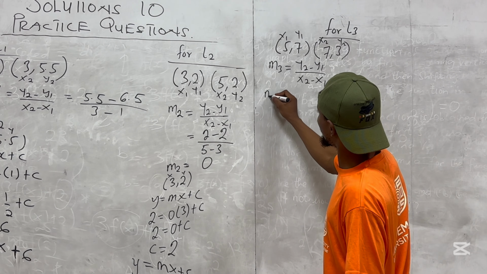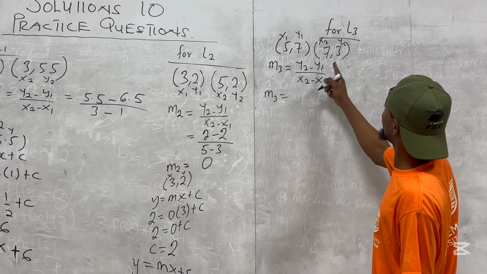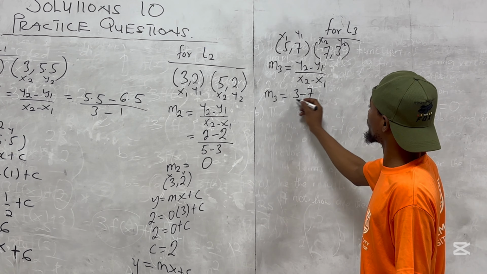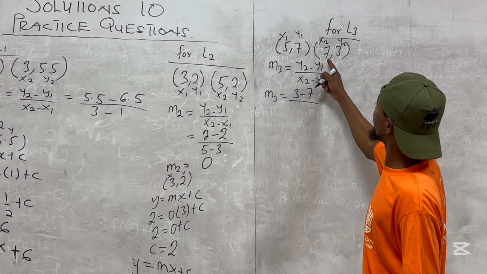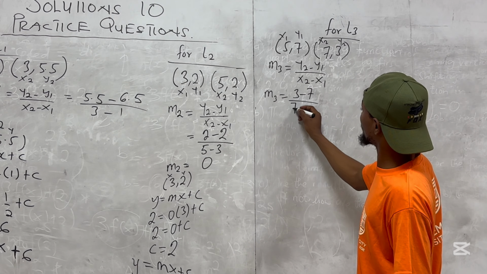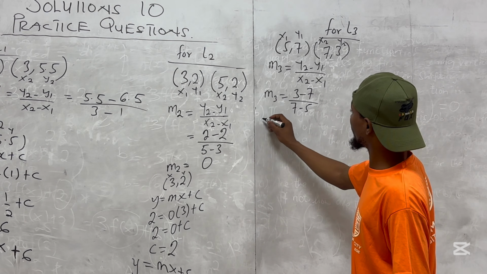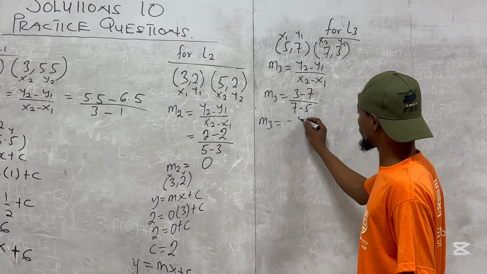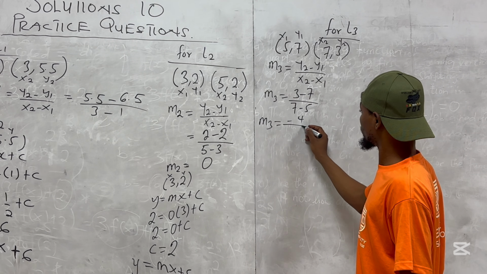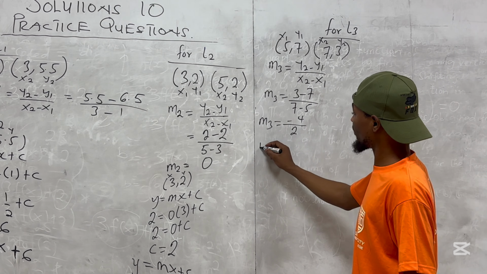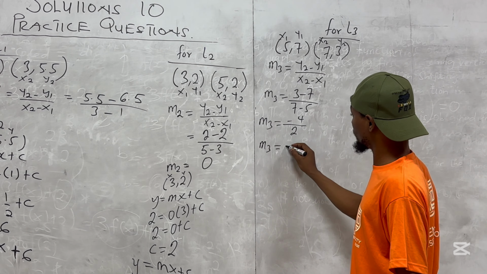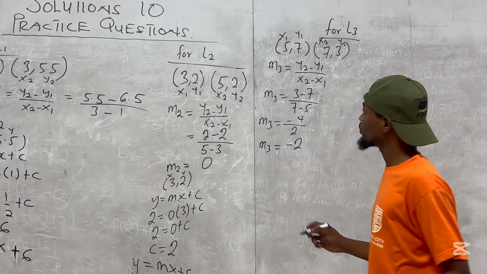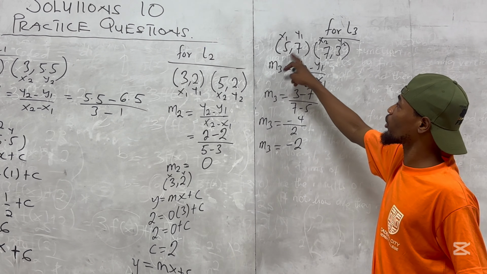So I have m3 is equal to 3 minus 7 over 7 minus 5. So I'll get m3 is equal to negative 4 over 2. So I have m3 to be equal to negative 2.